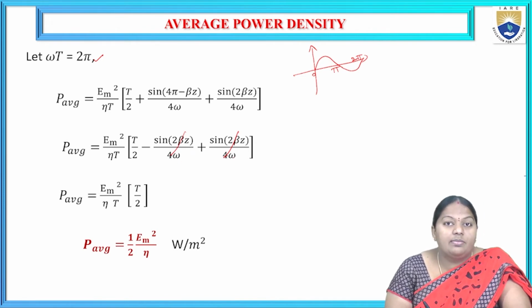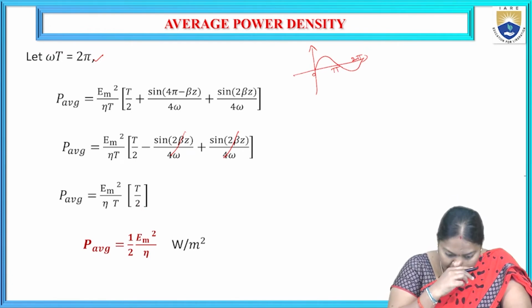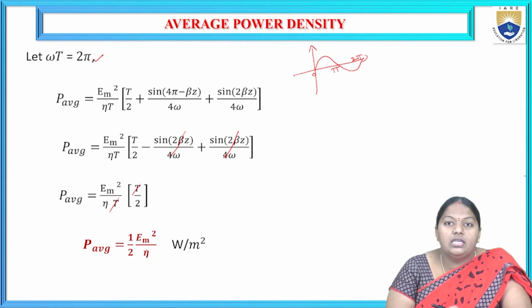Em square by eta T into T by 2 is obtained. Right? So Em square by eta T into T by 2 is left out, then the T and this T get cancelled, then P average is equal to half into Em square by eta.